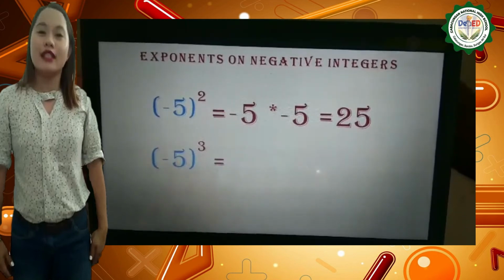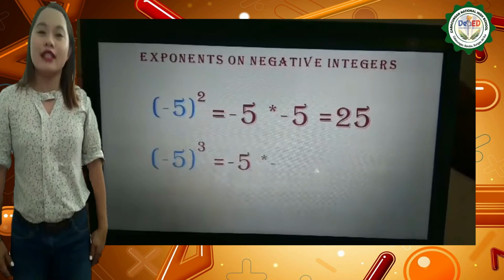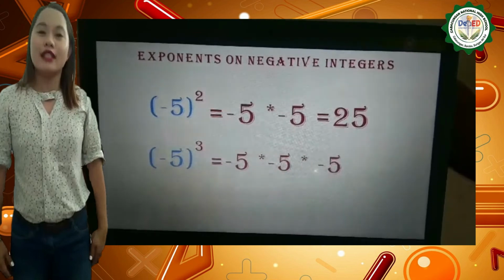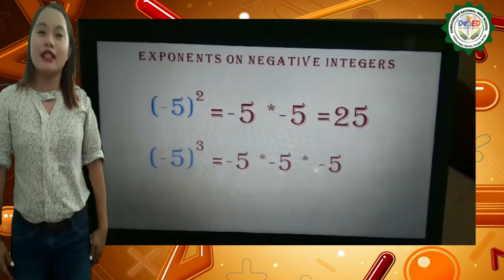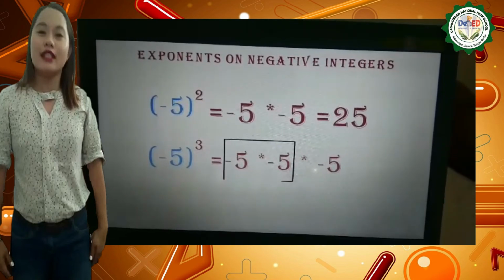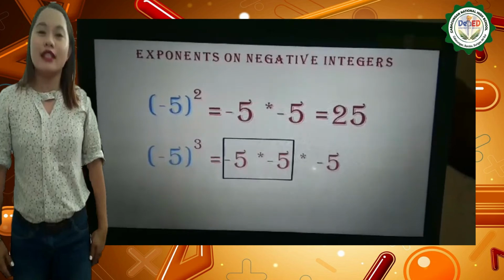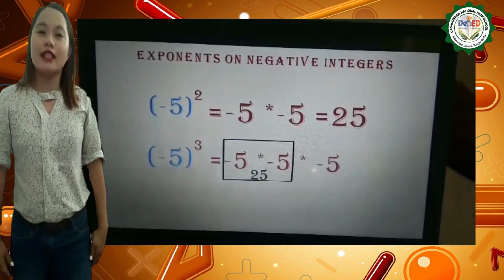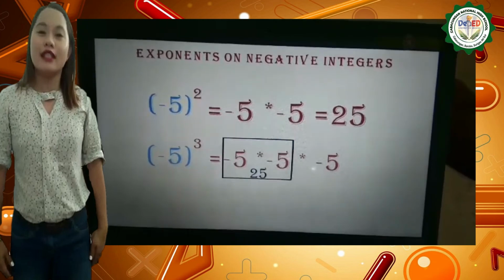Let's say we have negative 5 exponent 3. This will be negative 5 times negative 5 times negative 5. Working 2 at a time, we know we will have a positive 25. Now, we multiply positive 25 by the negative 5.